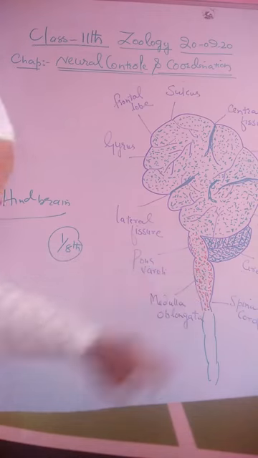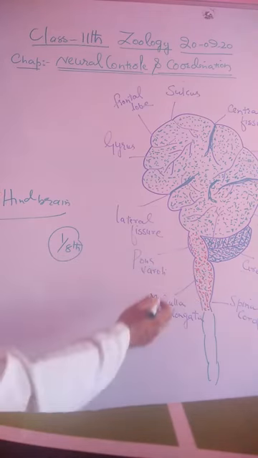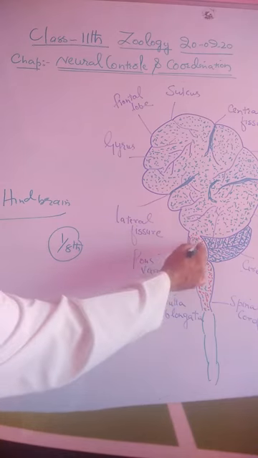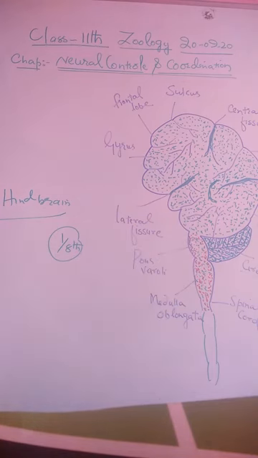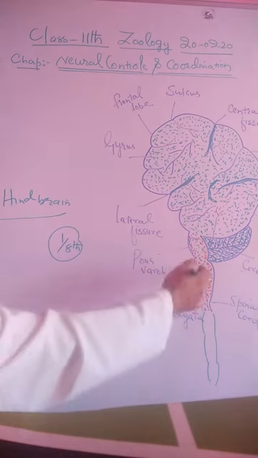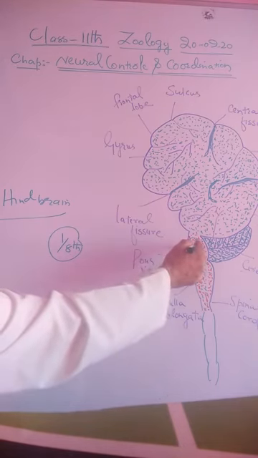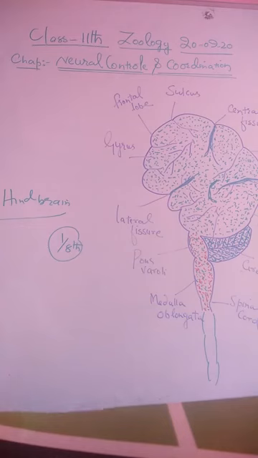And one more thing is there, called the pons varolii. It's an oval mass which lies above the medulla oblongata. This is pons varolii and this is medulla oblongata. It consists mainly of nerve fibers which interconnect the two cerebellar hemispheres and also join the medulla with the higher brain centers. Hence its name is pons, meaning bridge.